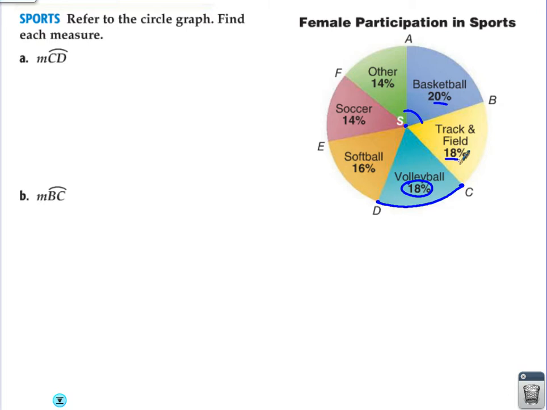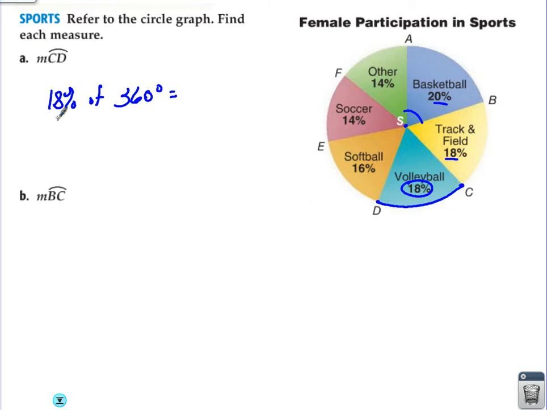We will know the measure of arc CD. If there's 360 total degrees in that circle, find CD there. Volleyball, right? What percent? So will 18% of that 360 not represent that degree measure? 360 total degrees, 18% of it volleyball.